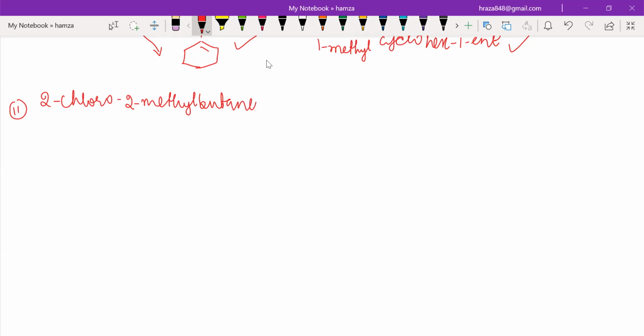2-methyl-1-butene and 2-methyl-2-butene. Very good. What about you, Hamza and Sneha? Which one is more stable? The most important question. 2-methyl-2-butene. Very good, because there will be more alkyl groups along the double bond. Okay, I'm going to give you the third one. Hamza, let me know the answer of this, please.